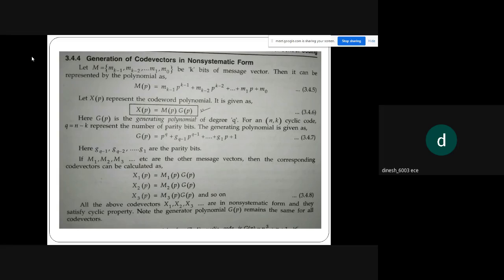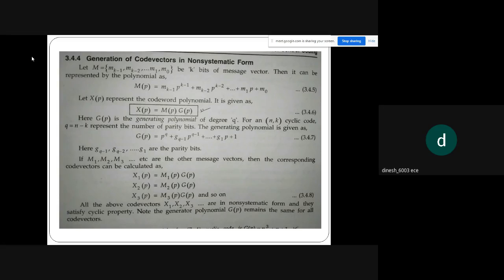Then the corresponding polynomial can be written as m of p is equal to mk minus 1 p power k minus 1 plus mk minus 2 p power k minus 2 plus mk minus 3 p power k minus 3 till m1 p plus m0 p power 0. So p power 0 is always 1, so we write it simply as m0, which is the least significant bit. And the most significant bit would be your mk minus 1.